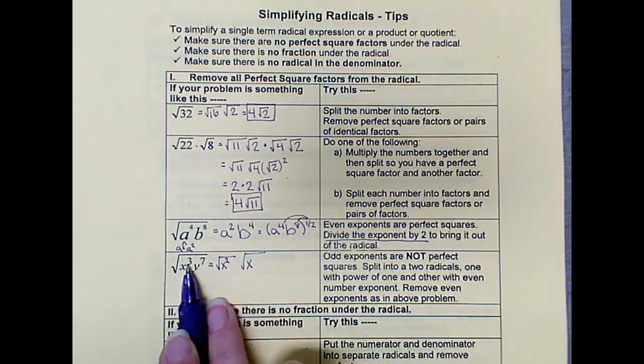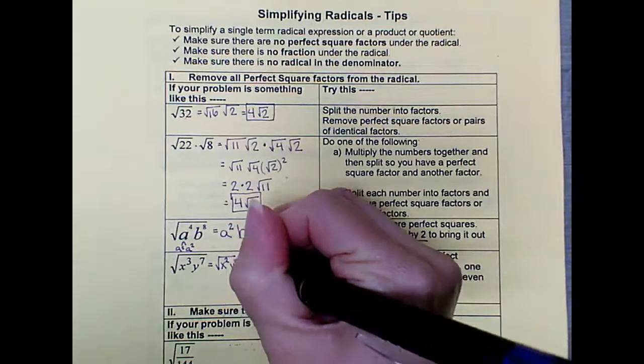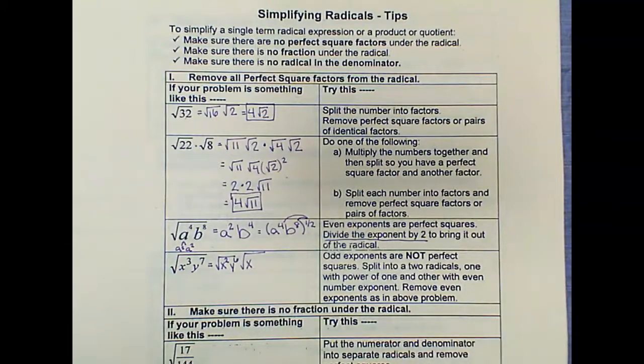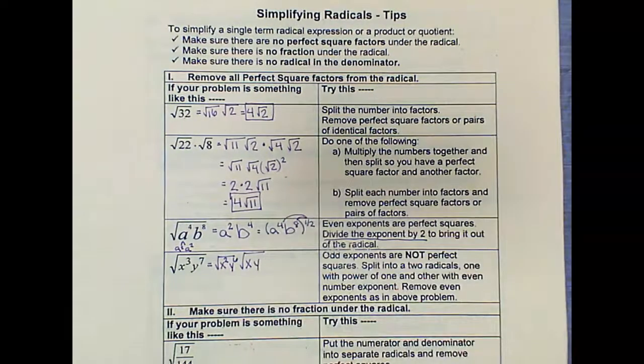2 plus 1 is 3. And then let's talk about y. The even number just a little bit smaller than 7, which is 6, comes out in the perfect squares. And I need an extra y in the leftovers so that y to the power of 6 times y is y to the power of 7.